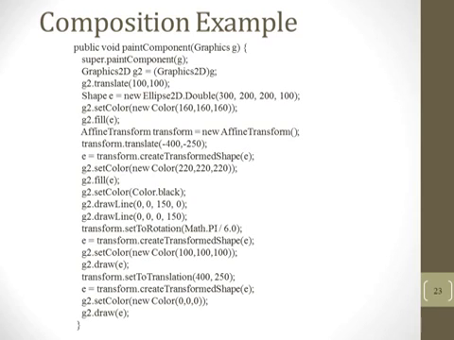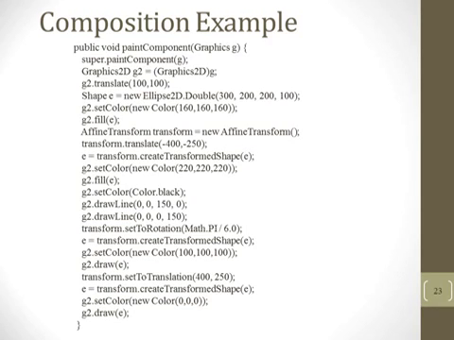Then we create an affine transform, and we apply the translate of minus 400, minus 250. After that we apply the transform on the shape E, and we name the result E, the new shape. Then we change the color and fill the translated ellipse.